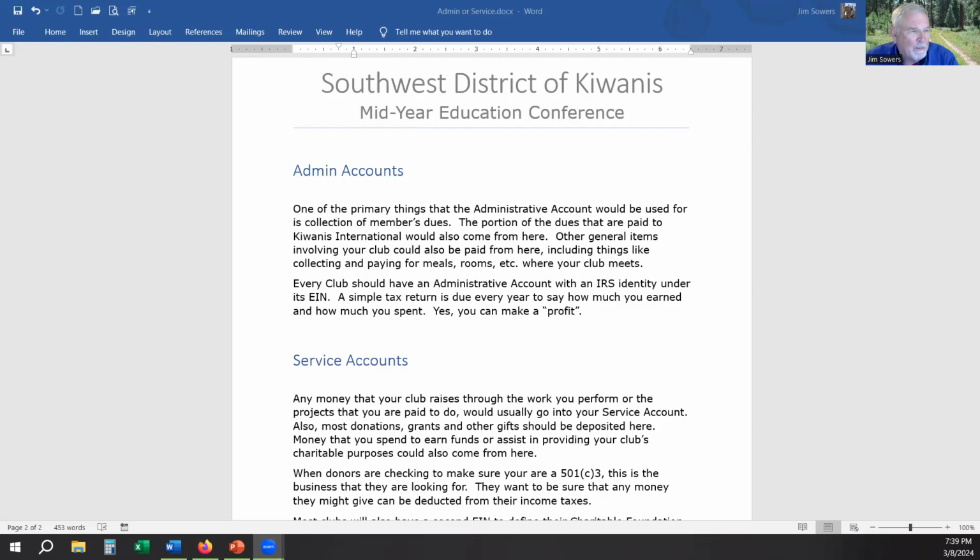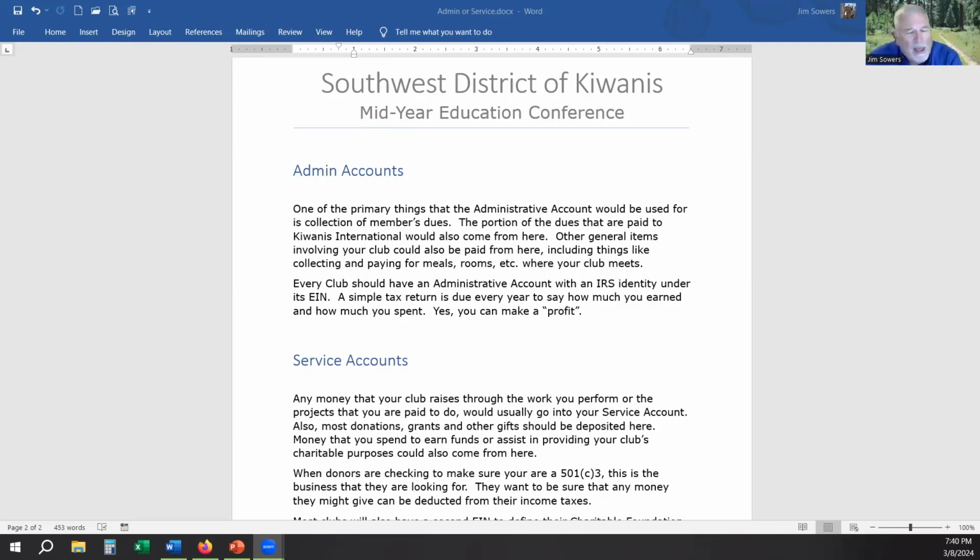We have a couple of clubs that I'm aware of that only run the club as a single entity. They don't have lots of money that comes in, and I doubt that they're able to convey any sort of tax deductibility to any donors because they may not have enough significant donations. So they run a 501c4 club.